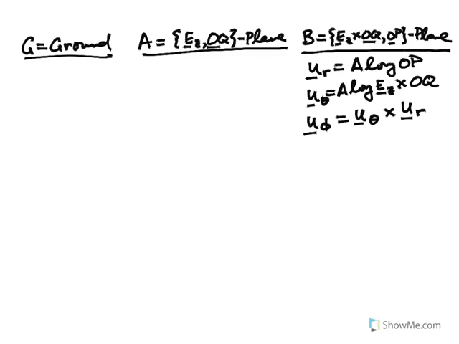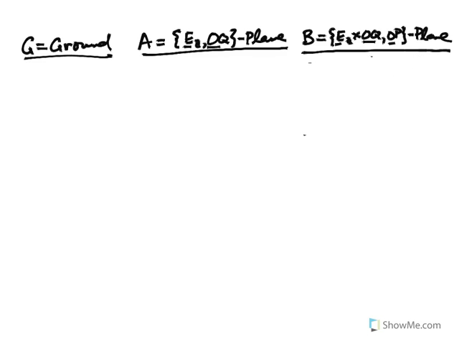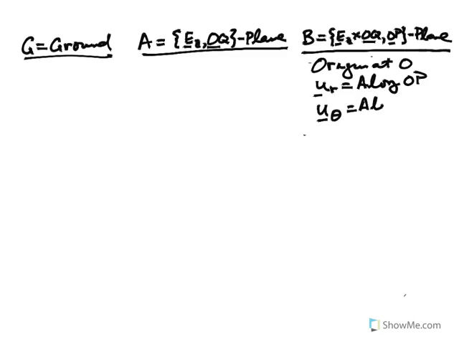And I need to put an origin, so let's include the origin here before we move on to frame A. So origin is at O, UR is along OP, U theta is along EZ crossed with OQ, and U phi is equal to U theta crossed with UR, which again, I remind everyone, is 3 crossed with 1.